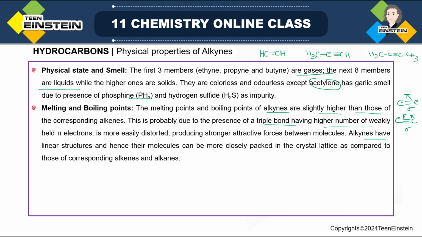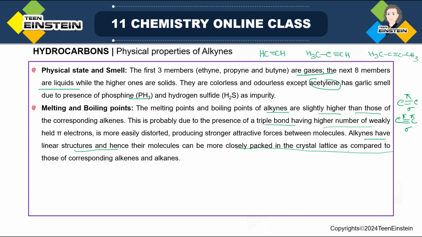Alkynes have a linear structure, that we know, and that is another reason. Remember in the structure section, probably in the previous class of the previous day, we saw the structure, and we know it has a linear structure, and hence their molecules can be closely packed in the crystal lattice compared to those of alkenes and alkanes, because in the case of alkenes and alkanes the structure is not linear.